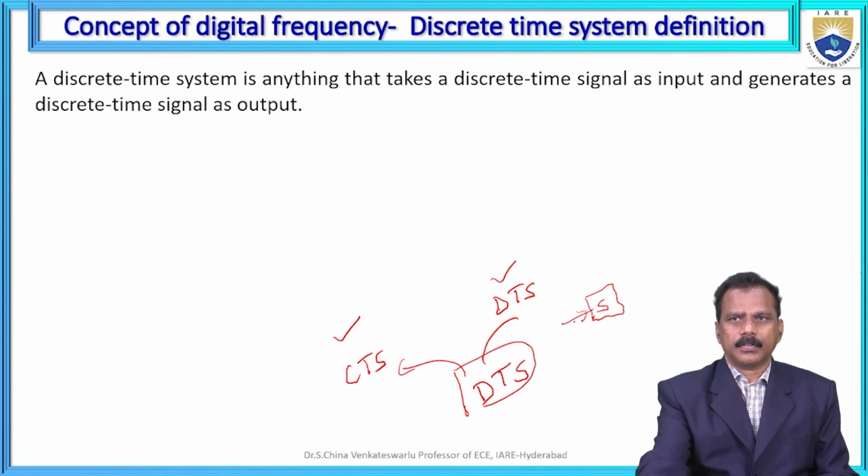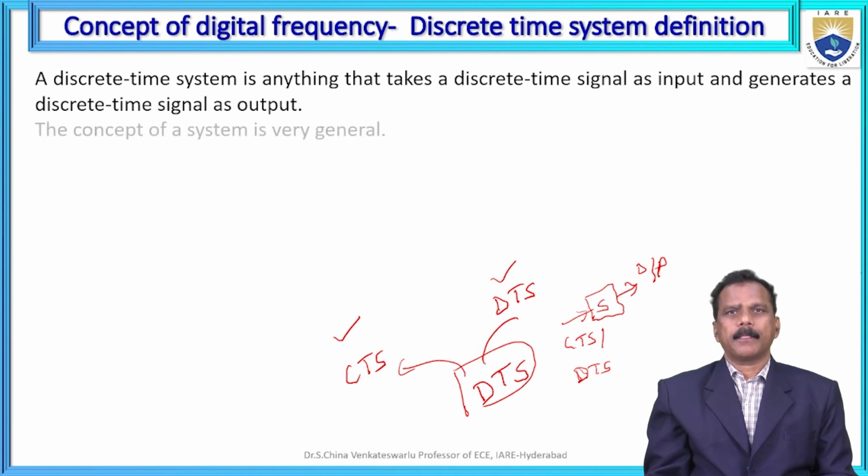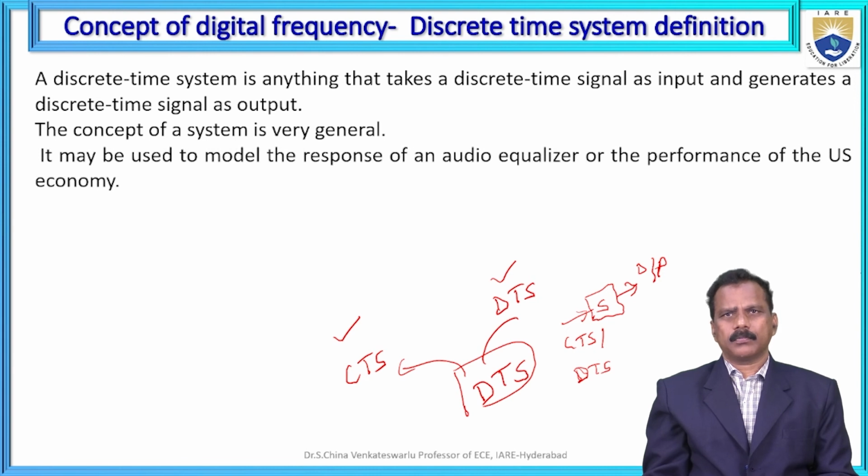Input is given, either a continuous time signal or a discrete time signal, and we expect the output response. A discrete time system is anything that takes a discrete time signal as input and generates a discrete time signal as output. The concept of the system is very simple; it may be used to model the response of an audio equalizer.